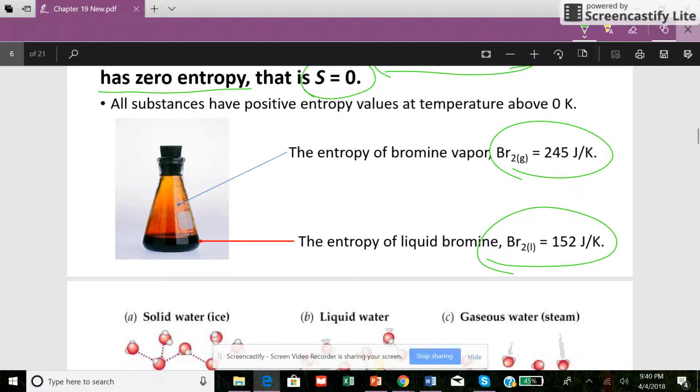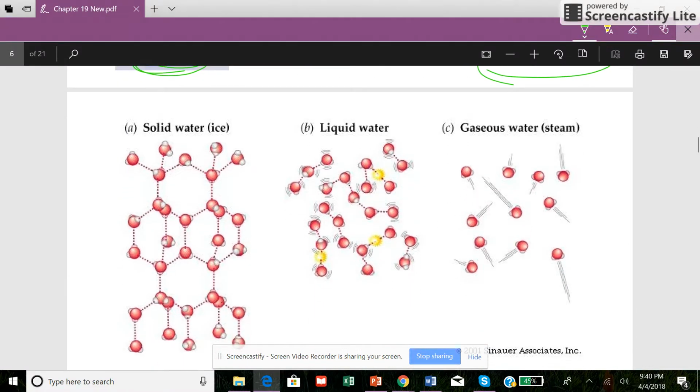Now, entropy of the compound, we're not talking about the difference now. However, what you notice over here is that in the gas phase, the disorderness or dispersion of energy is higher than when bromine is in the liquid phase. So that means the entropy of the gas phase will always be bigger than that of the liquid or solid state. Same over here.